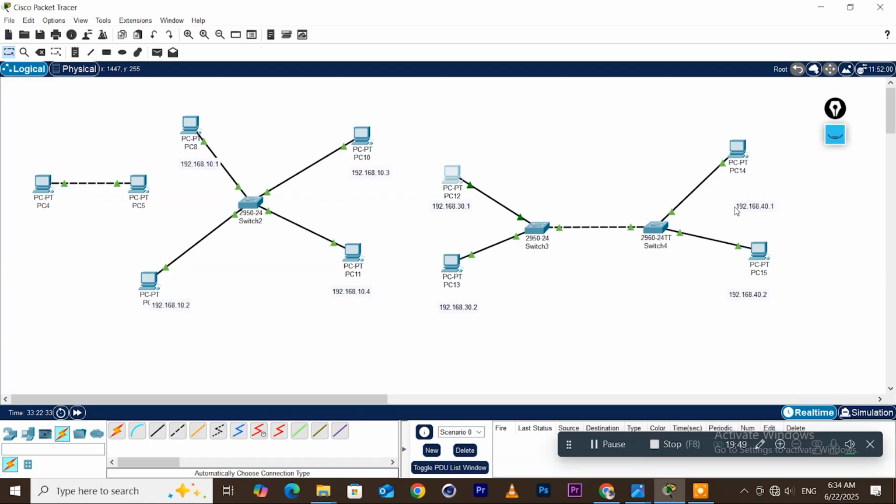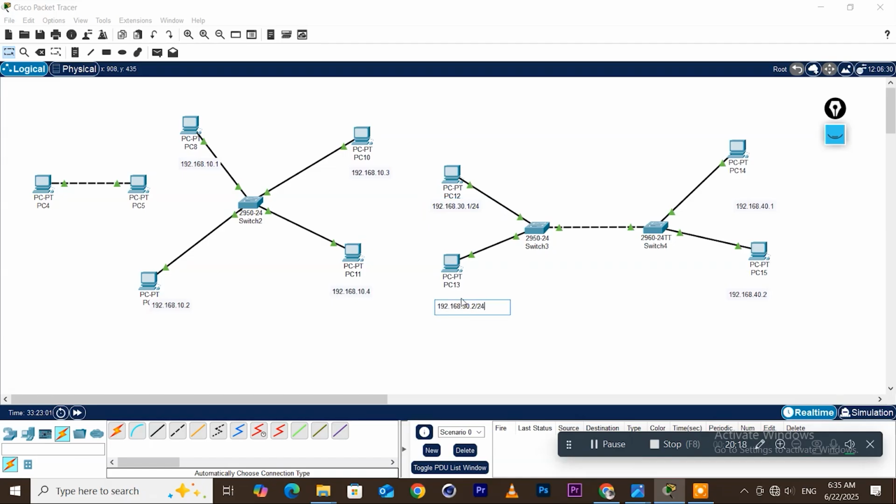Okay, so if you see here, we have 192.168.30.1. Now there is something I forgot to do. Let's put the slash notation, /24.